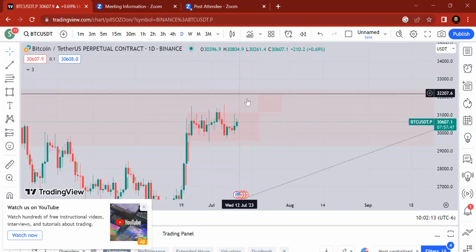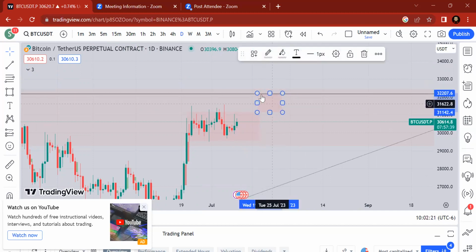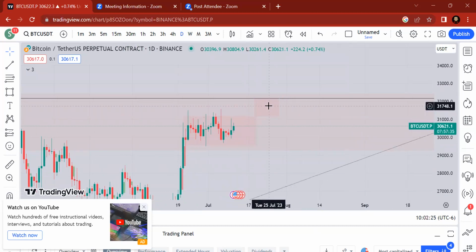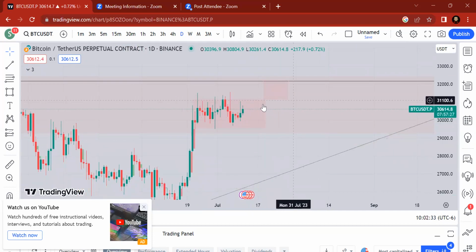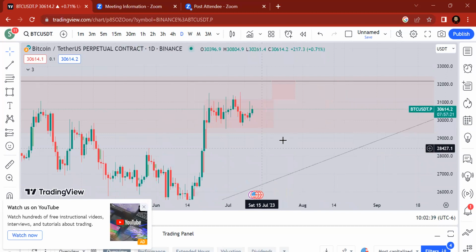Break out of this range, tap this level, manipulate here, structure break again, back in range, and then all those horny longers and the FOMO buyers are eliminated in simple one, two candles. So this is basically what I'm saying, that this structure may play out here.